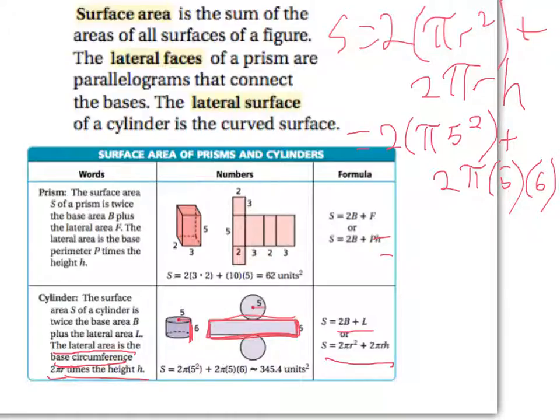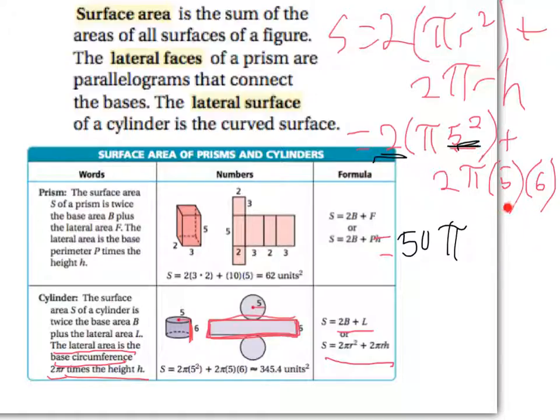So now we have 5 squared is 25. Plus 5 times 5 is 25, times 2 is 50. So 50 pi. Okay, let me repeat that one more time. 5 squared is 25, times 2 is 50, and then pi stays the same.